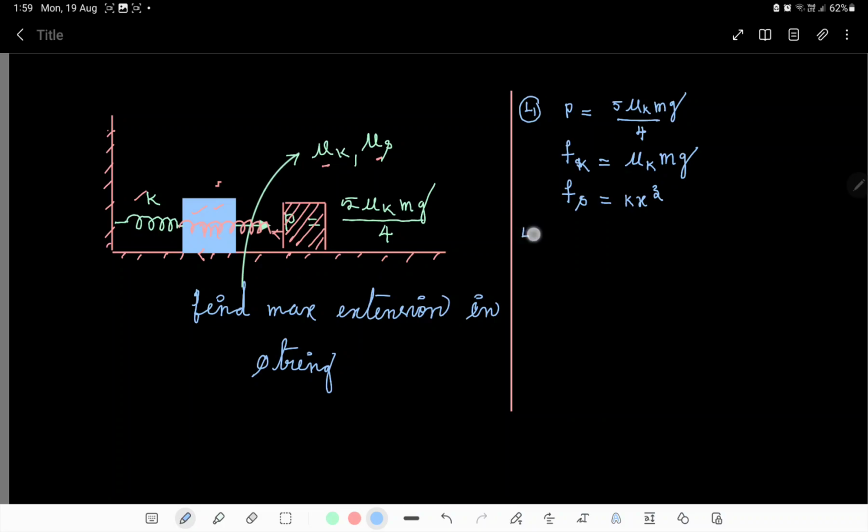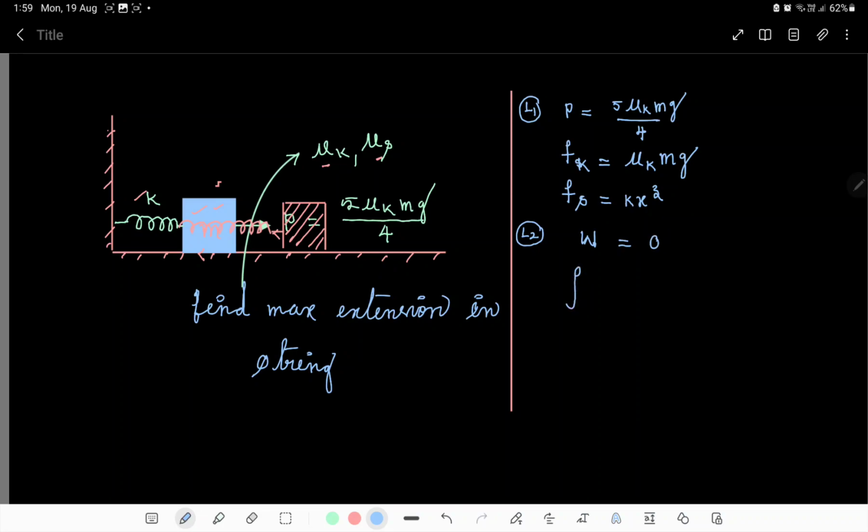The work done by all these forces should be equal to 0 according to the work energy theorem. The work done by all the forces, external as well as internal, will be equal to the change in kinetic energy, which is nothing but 0.